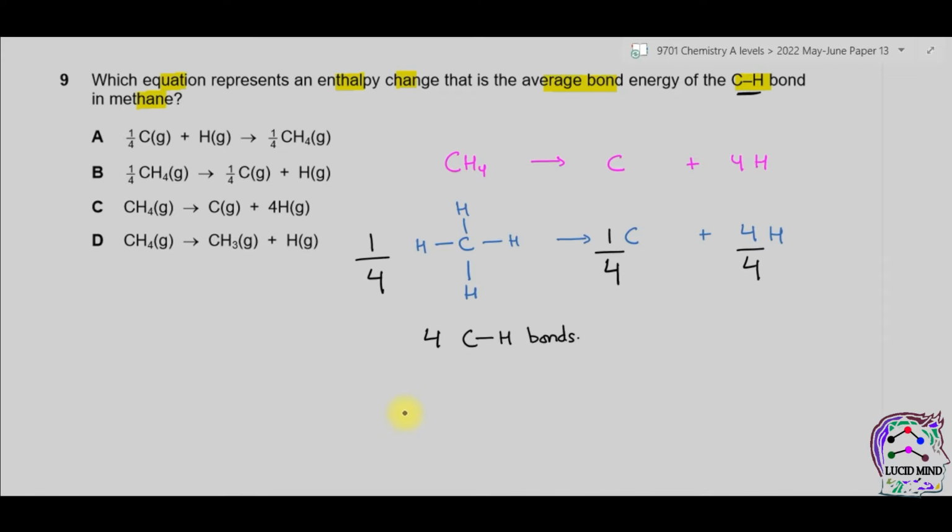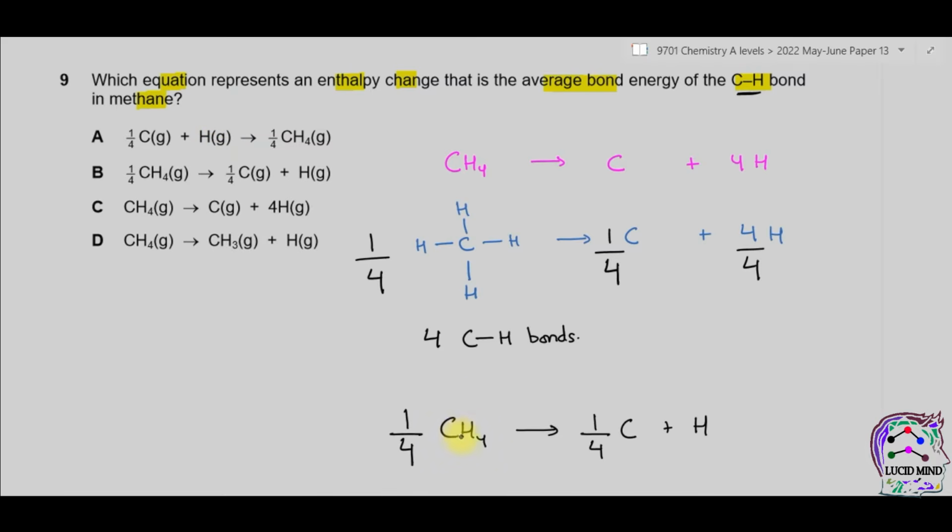So it comes equal to 1 over 4 CH4 that forms 1 over 4 carbon, and 4 by 4 is 1, so just hydrogen. So this is the equation that represents average bond energy of C-H bond in methane.